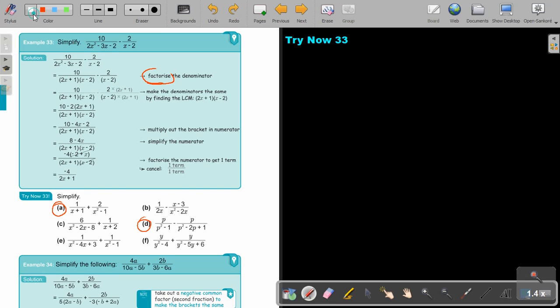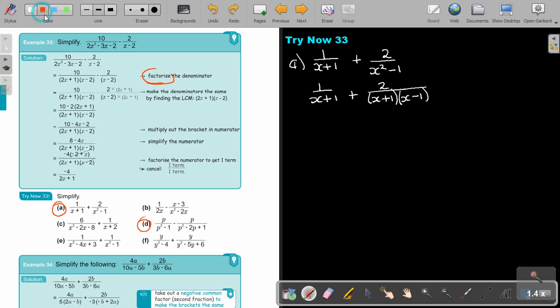Okay, let's start. Number A. The denominators are a bit more complicated, but always try to factorize. Can you see, it can factorize. So go 1, x plus 1 plus 2, and say x plus 1, x minus 1.